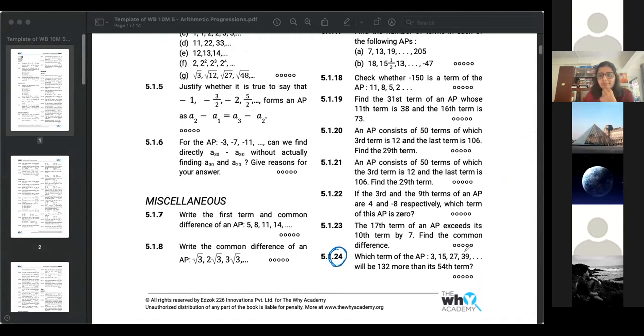So you're given an AP. Which term will be 132 more than the 54th term? I'll leave you to try to understand the question. If it's not clear, I'll discuss it. Otherwise, you can start solving.